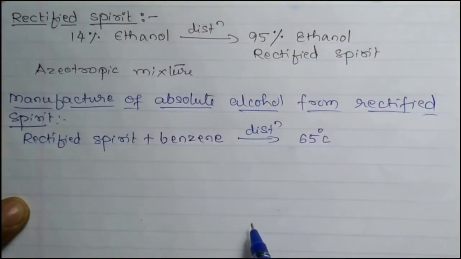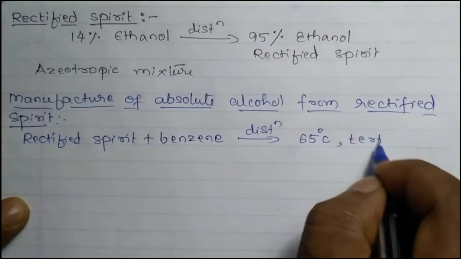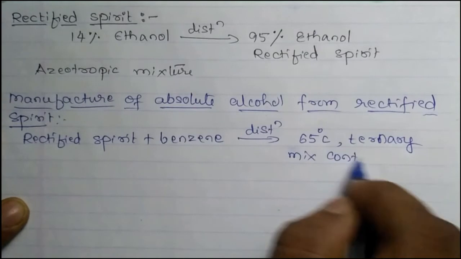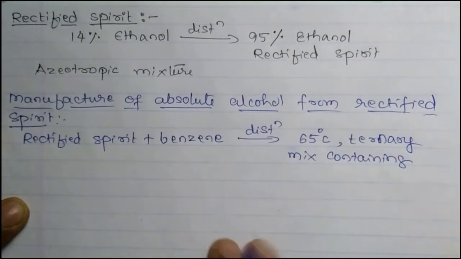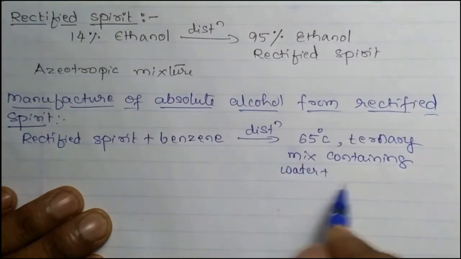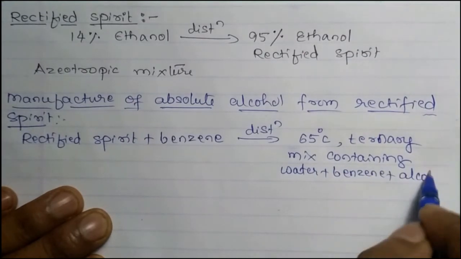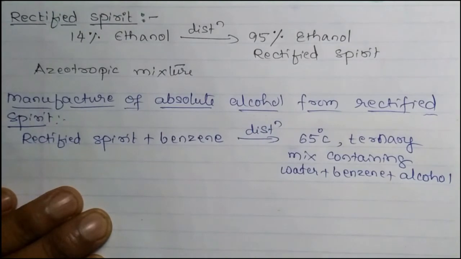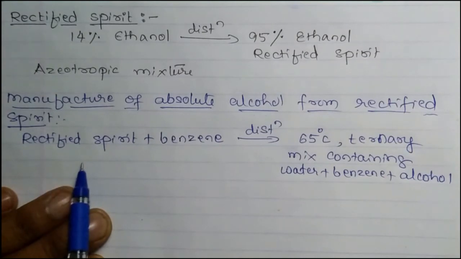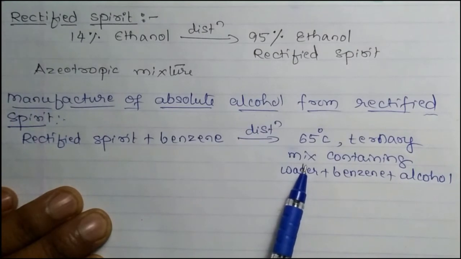At 65 degrees centigrade, a ternary mixture containing water, benzene and alcohol distills, because here rectified spirit contains 95% ethyl alcohol and the rest water, meaning two components are here. Benzene is a third component. Such types of mixtures are called ternary mixtures.